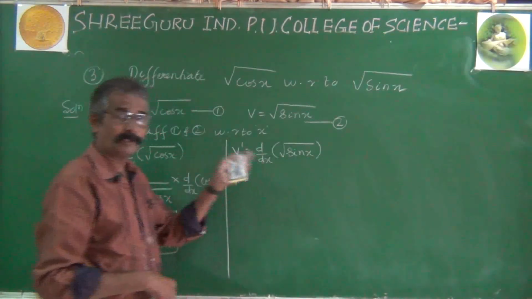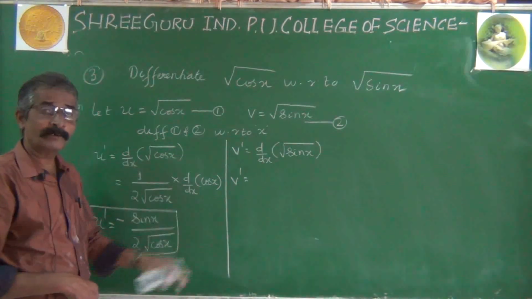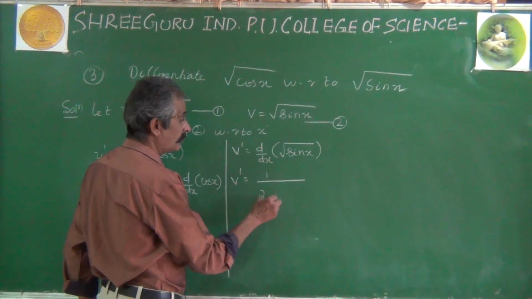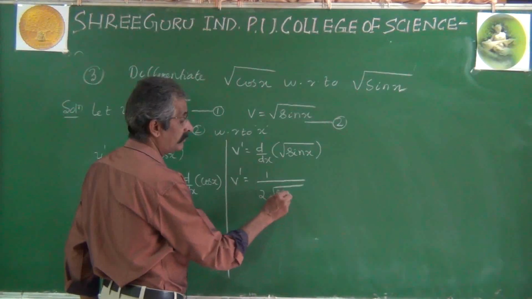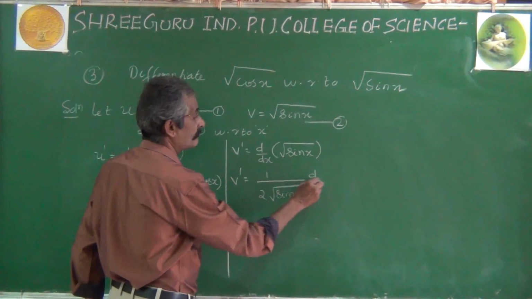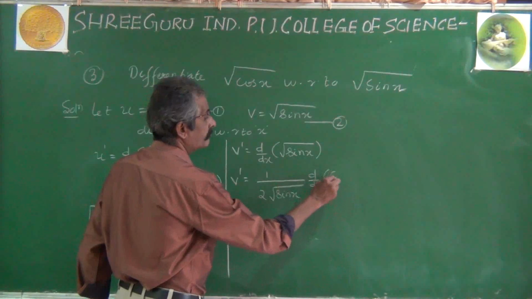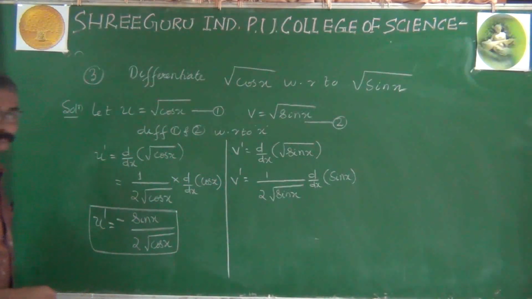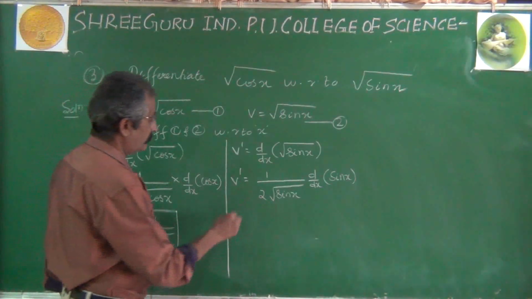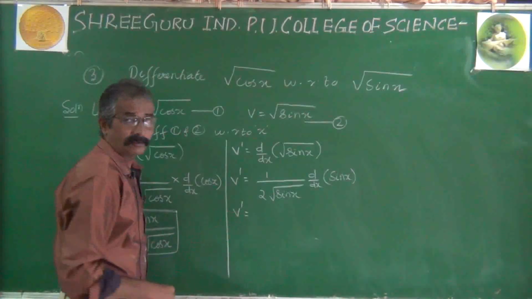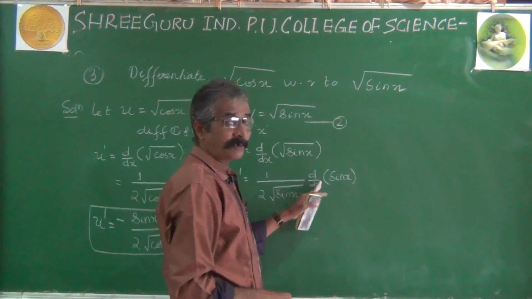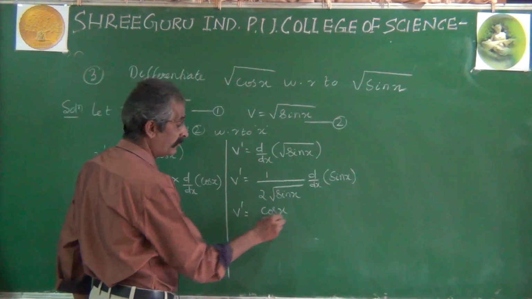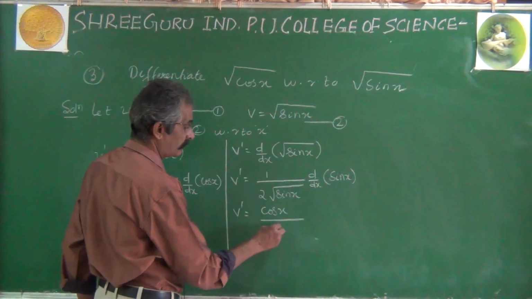The answer is 1 by 2 root function into differentiation of the function, meaning 1 divided by 2 root of sin x multiplied by the derivative of sin x. We know that the differentiation of sin x is cos x, hence v dash equals cos x divided by 2 root of sin x.